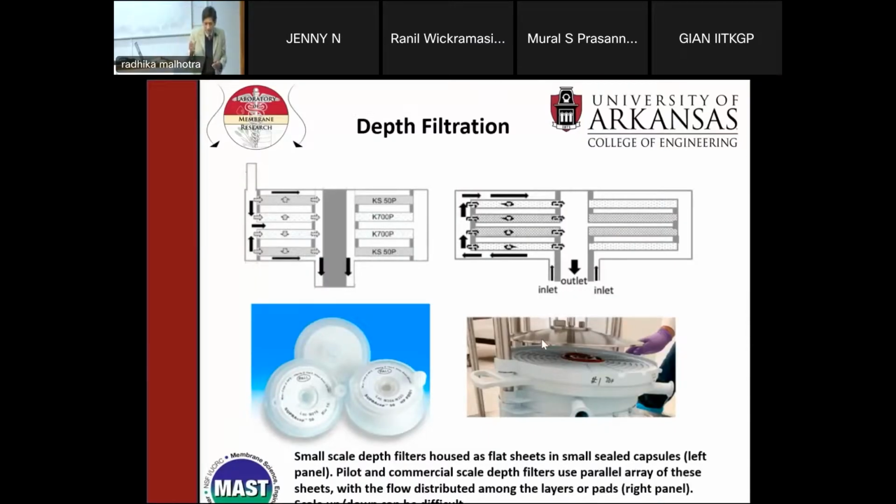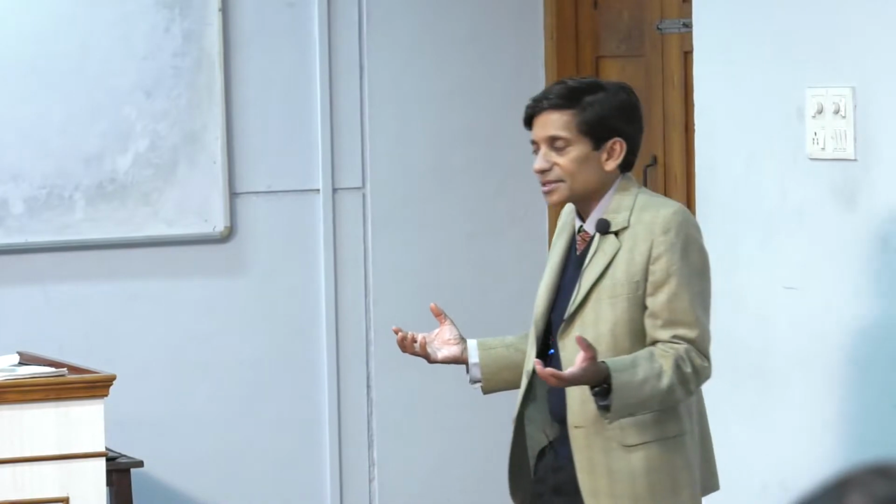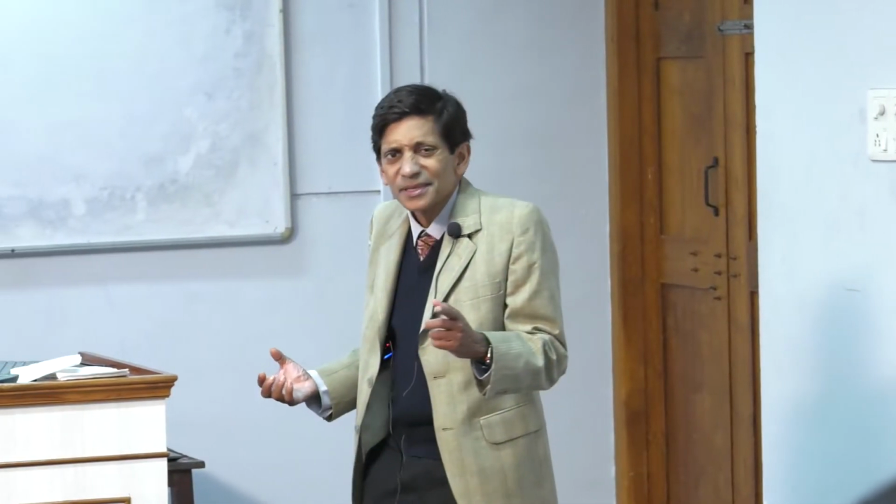So as you scale up, I told you scale up is very important in the biotech industry, and you can scale up by just adding more and more of these in series, and you can have them in parallel columns, right? So you can just add more and more as you increase your processing volume. But there's one complication, right?